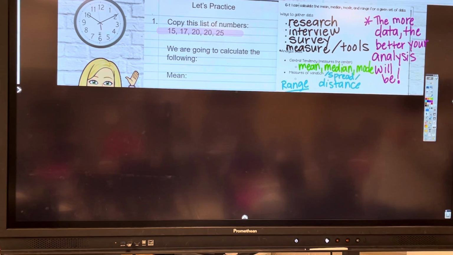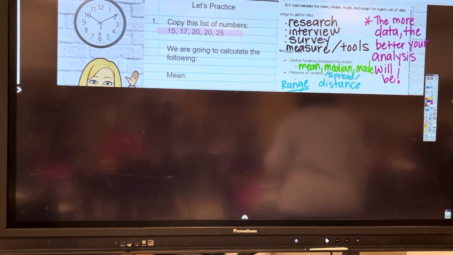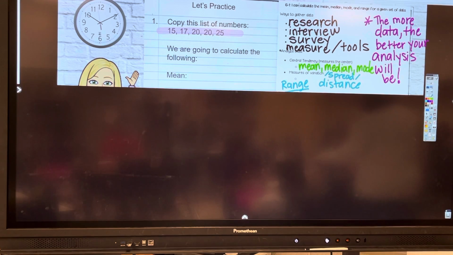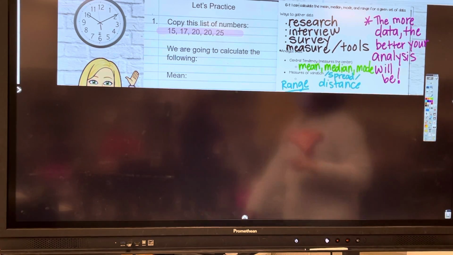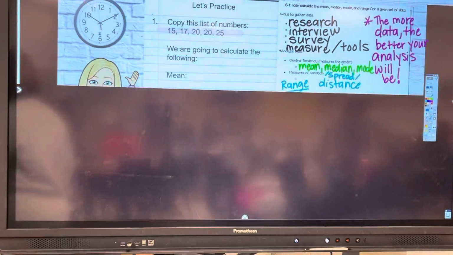When we find the mean, the first thing you have to do is add your numbers up. Jenna, will you sign into that? And will you sign into yours? So go ahead and get on the internet, and then you can use your device as a calculator.